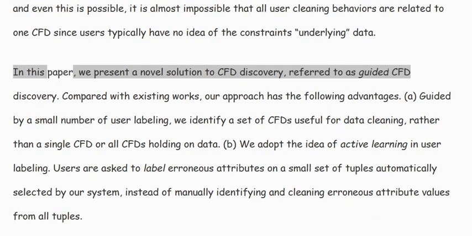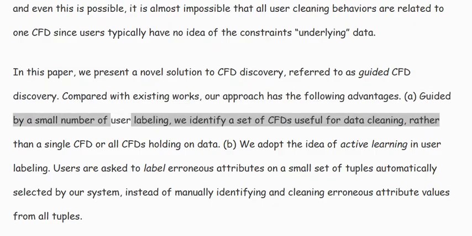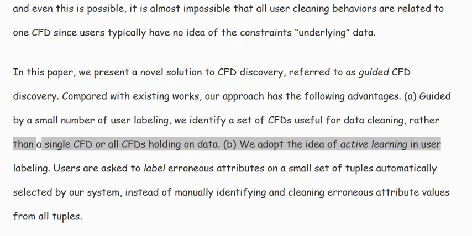In this paper, we present a novel solution to CFD discovery, referred to as guided CFD discovery. Compared with existing works, our approach has the following advantages. A. Guided by a small number of user labeling, we identify a set of CFDs useful for data cleaning rather than a single CFD or all CFDs holding on data.